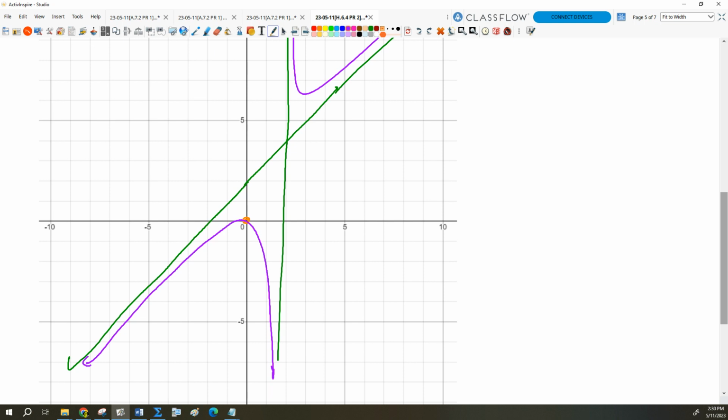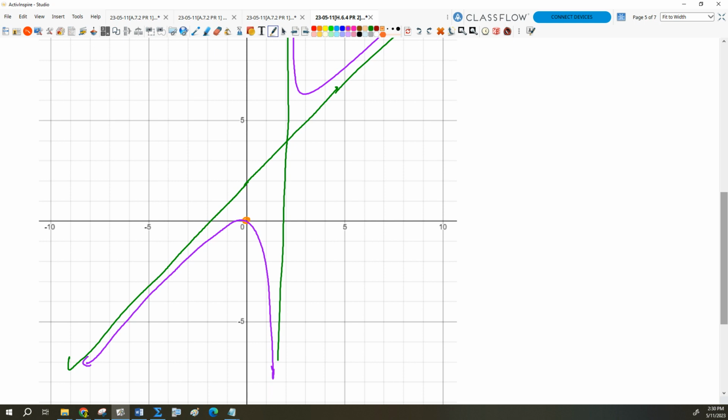Question. The top, because it has to go through that point, right? And if we did one in the top left, you couldn't have both of those, because then it's not a function. It violates the vertical line test, right? The function can only be in one place or the other.